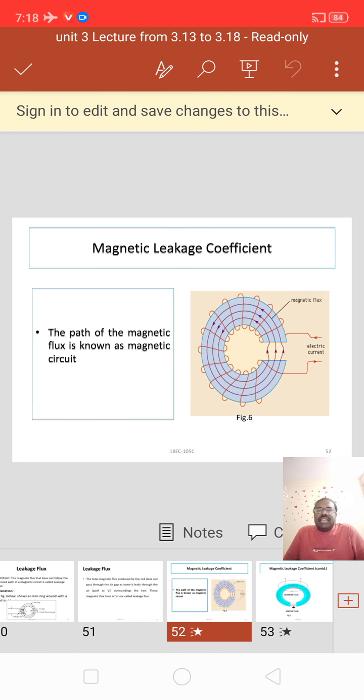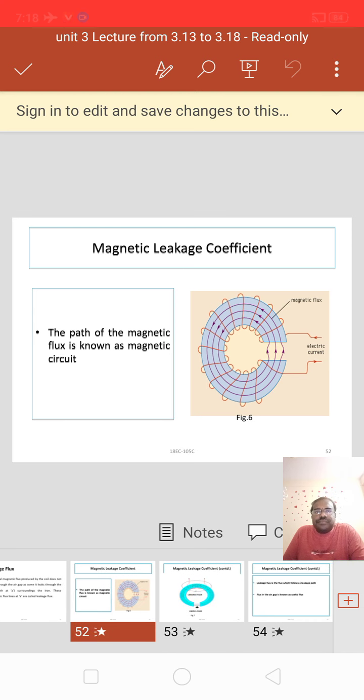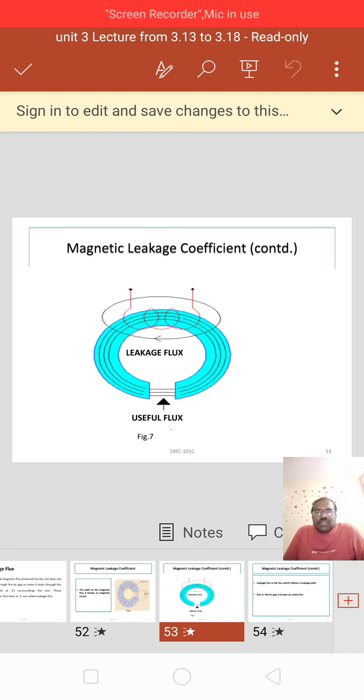Magnetic leakage coefficient. Definition: the path of the magnetic flux is known as magnetic circuit. See here, the lines which emerge in the gap are nothing but the useful flux.